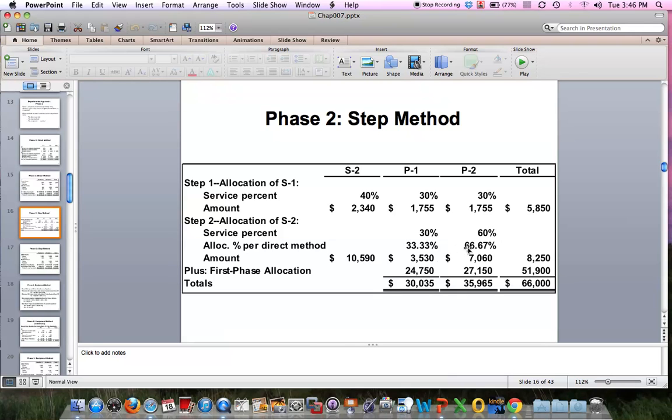Multiply those percentages by the 10,590, and now we've allocated it: 3,530 to P1 and 7,060 to P2. The phase 1 allocation numbers are right here, and we add these all together and we get our 66,000 total cost that we need to be accounting for.